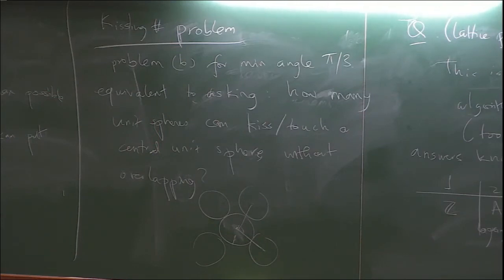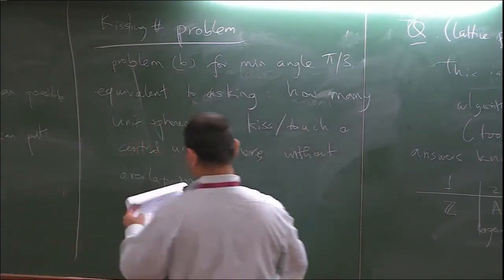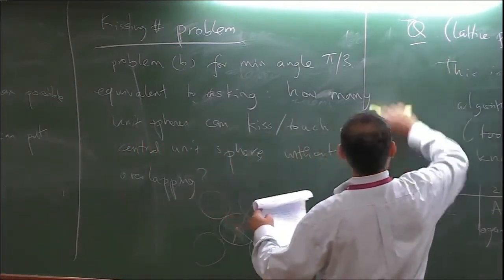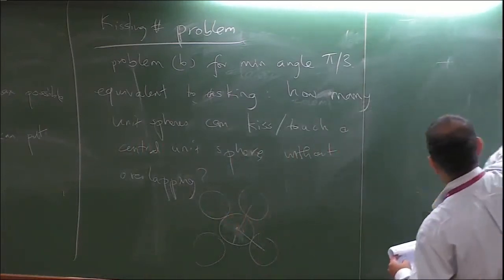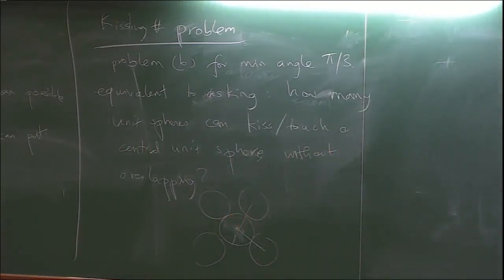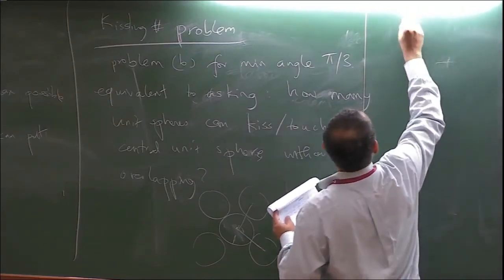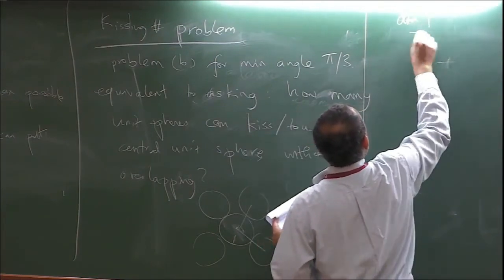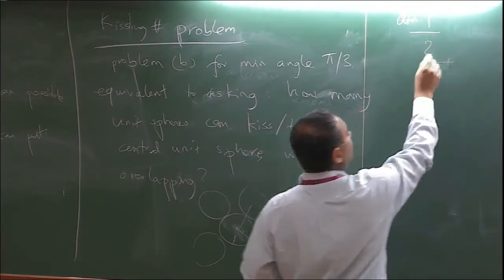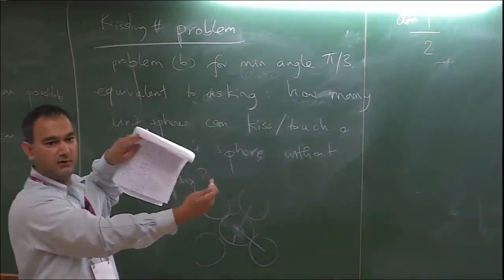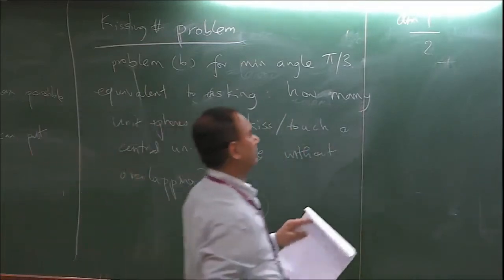This is something people did study classically. So let me just say, what do we know about this problem? In dimension 1, it's clear: around a unit interval you can have one on the left and one on the right, so the answer is 2.